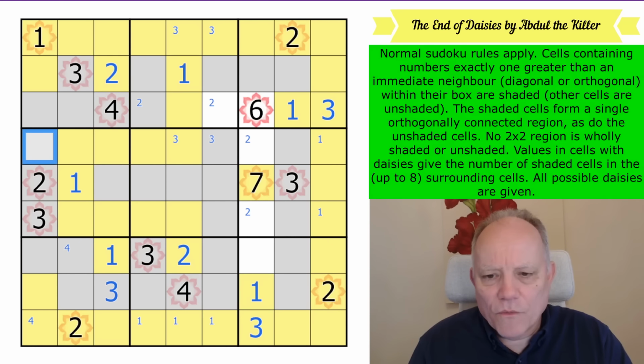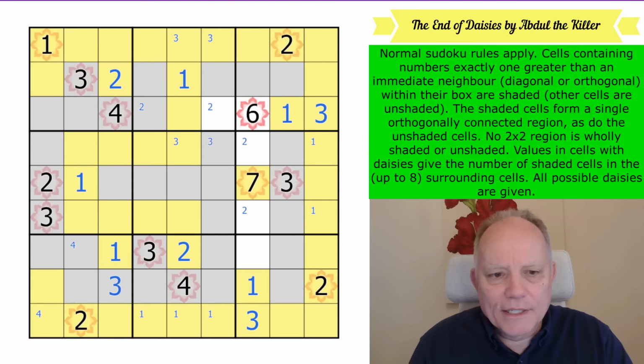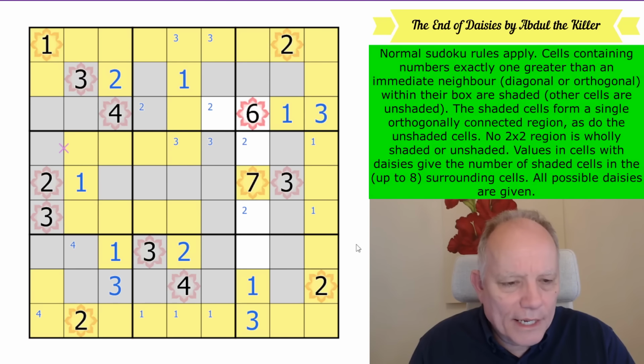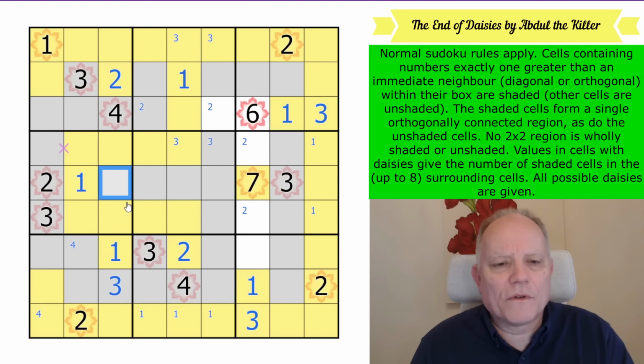There is a sort of white dot. I've got to find a way to put that in because I've learnt it and I need to use it. So I'm putting a white dot in there. That's a white dot. It doesn't look like it. It looks like a pink X. But those are consecutive. And this is not 2, 1, 4, 7 or 3.